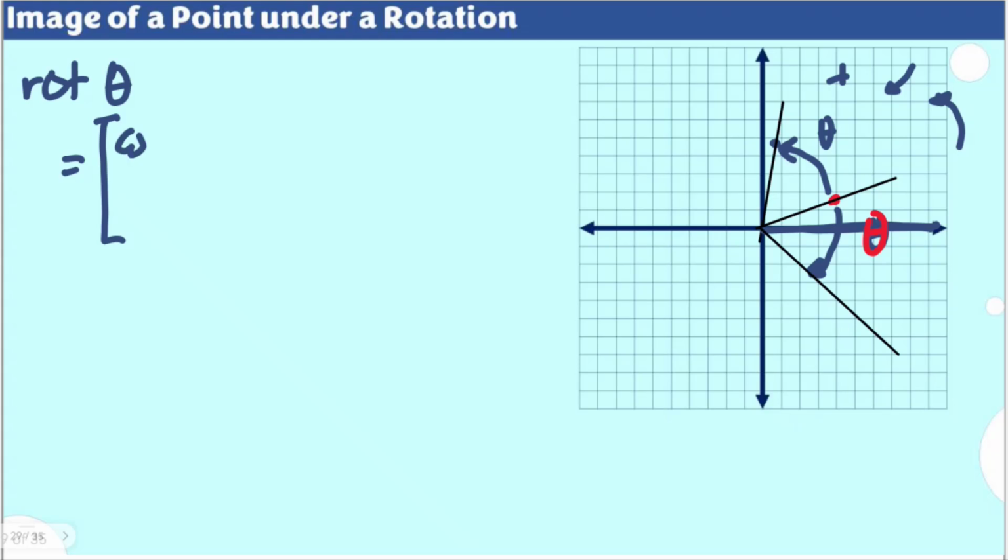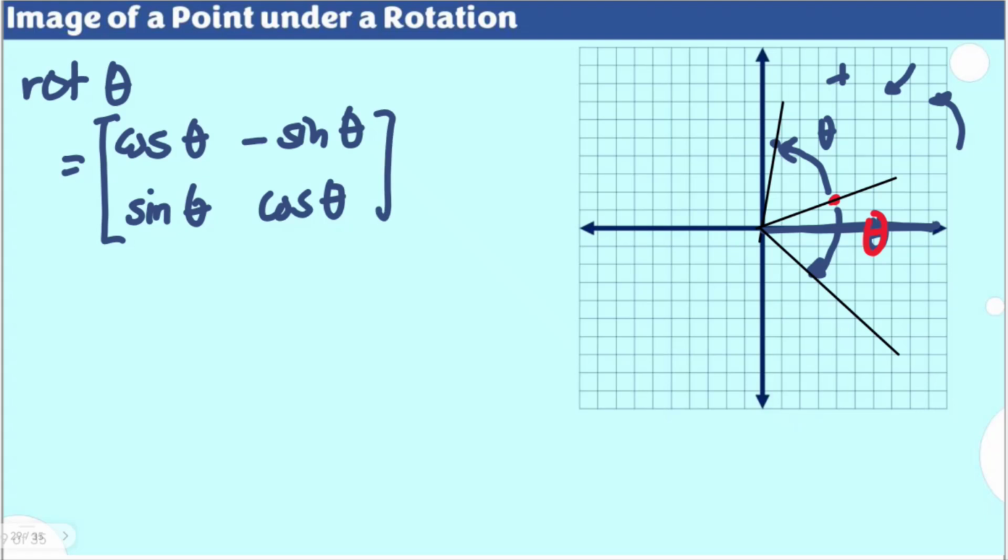You have here cosine theta, sine theta, and here negative sine theta and cosine theta, times the components of your point, x sub 1 and x sub 2, or x and y in some cases. But since we used x sub 1 and x sub 2 in the previous video, let's also use that here, so do not be confused by the use of x sub 1 and x sub 2. X sub 2 corresponds to the y value of the point, the second component of your point.